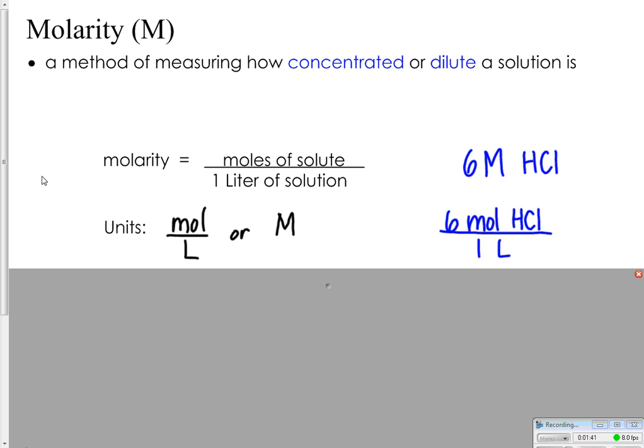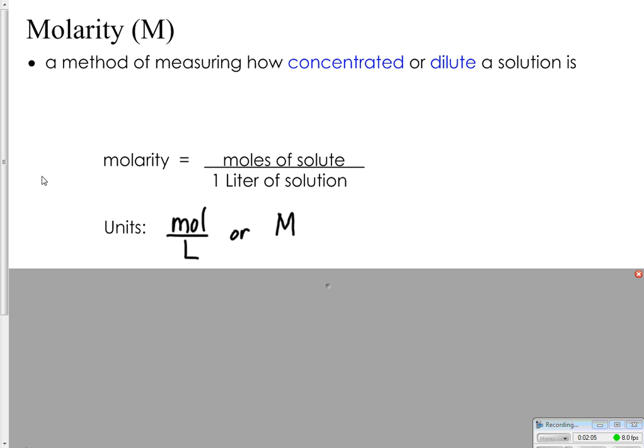That's an example of the molarity of that acid. When we buy it from the manufacturer, we buy it as 12 molar, so it's 12 moles of HCl per 1 liter, and then we dilute it by adding water to get it down to 6, or whatever concentration we need for various labs. So that's what molarity means.